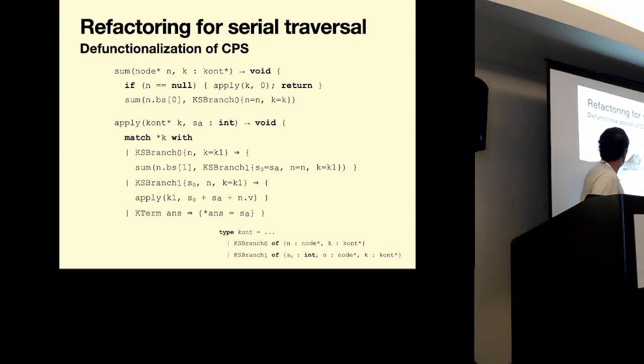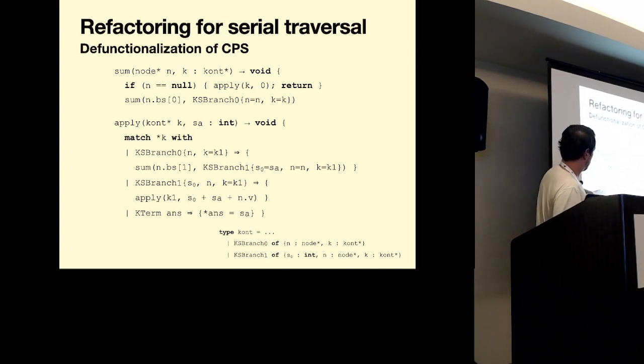So we just ripped out that first continuation we introduced and put it in the apply function. That would be this one. And then this one we ripped out similarly. It creates a value, sort of like pushing on the stack.